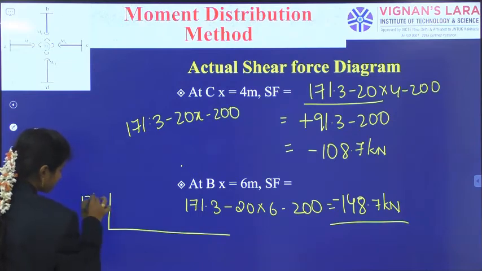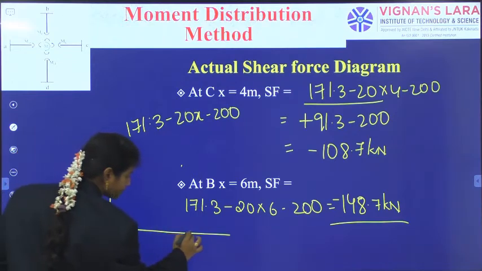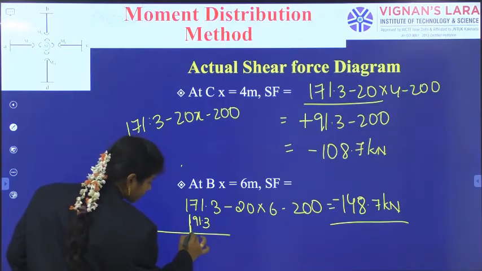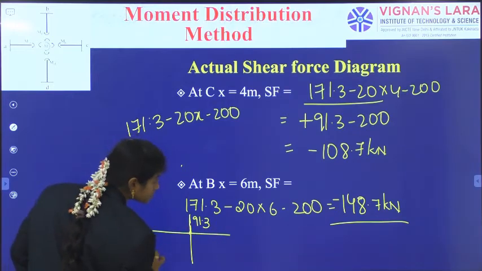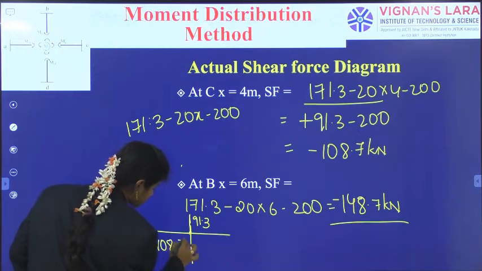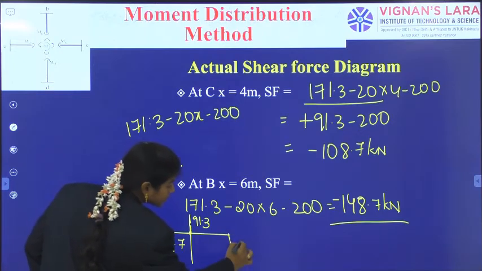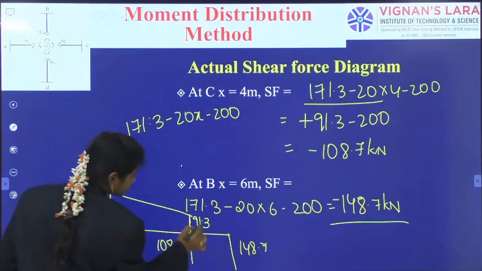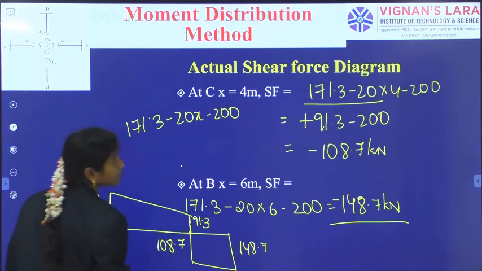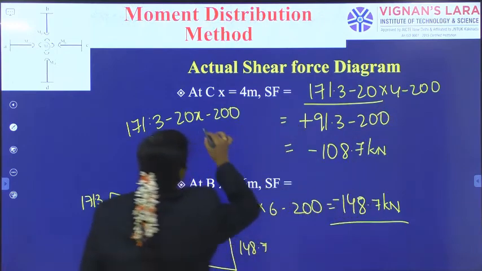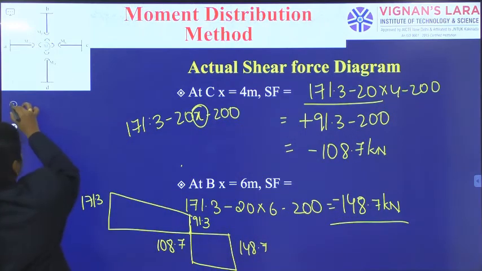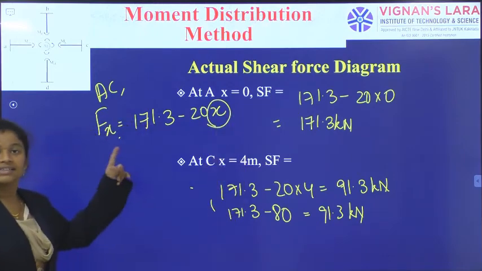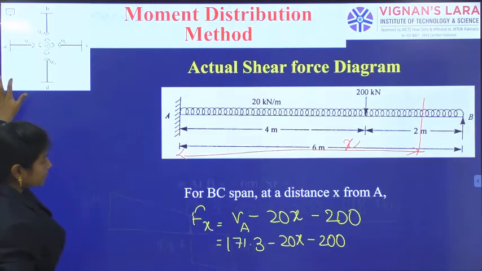171.3, 91.3, and here below the baseline 108.7, and another value 148.7. The connecting line, you can observe, is a single straight line because there is a single degree power.